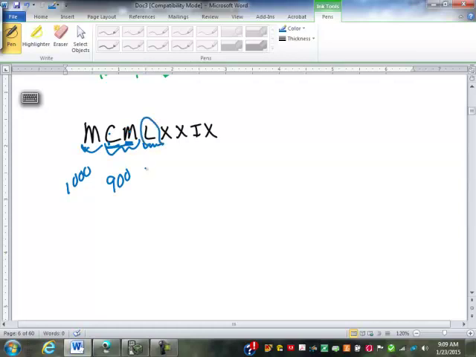No. So we can just read the L, which is 50. X, is the symbol after it larger? No, but it's the same, so let's combine them. So we have an X and an X, that's 10 and 10 makes 20. Now we have the I, and of course the symbol after it is larger. So IX means 10 minus 1, or 9. So it's 1,950 and 20 is 79.